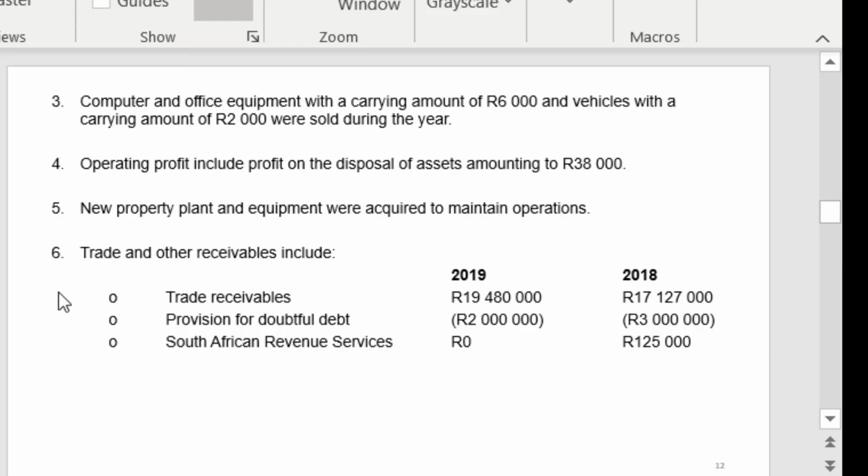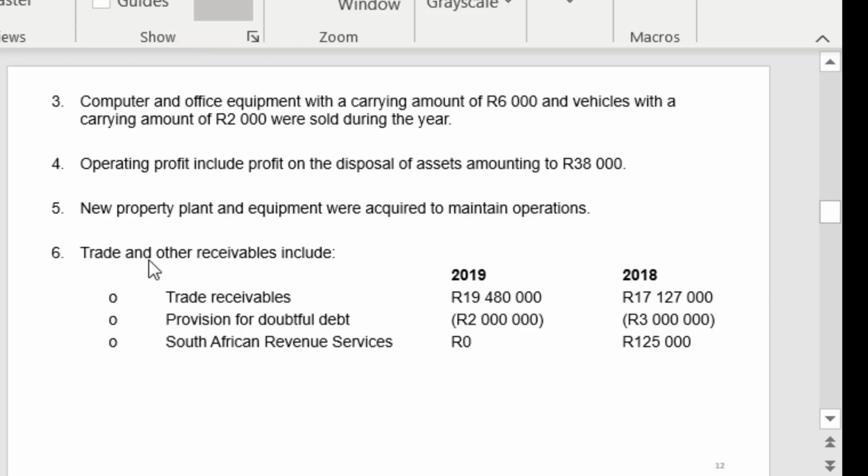Additional information number 6, trade and other receivables include the trade receivables gross amount, provision for doubtful debts, as well as South African Revenue Services.